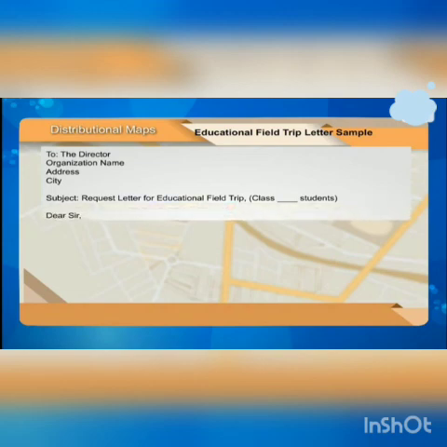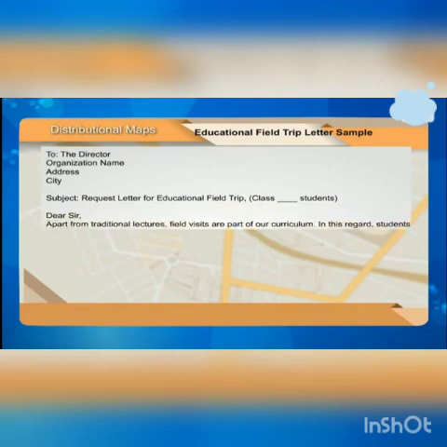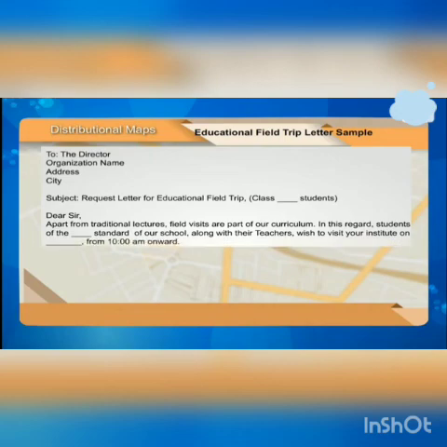Dear sir, apart from traditional lectures, field visit is a part of our curriculum. In this regard, students of standard 9th of our school along with their teachers wish to visit your institute. We can give the strength of the students also. Timing and date should be mentioned, when we are going to reach over there. So kindly confirm.